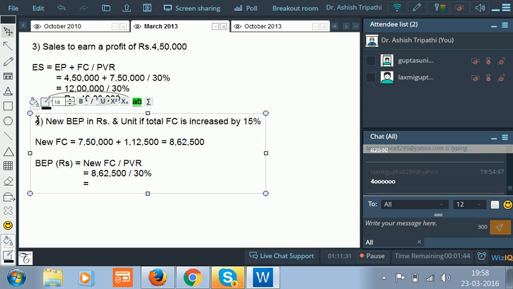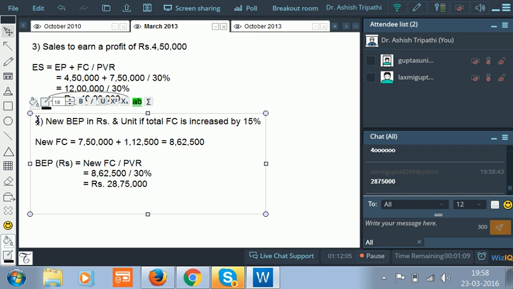PV ratio is 30%. So that will give you, let us calculate, 8,62,500 divided by 30% will give you 28,75,000, correct? Rupees 28,75,000. So this is the break-even point in rupees.